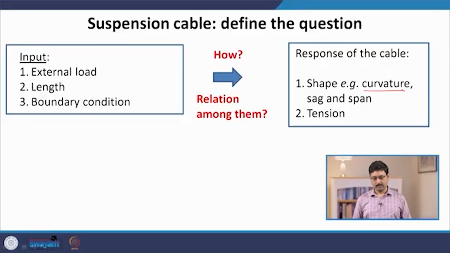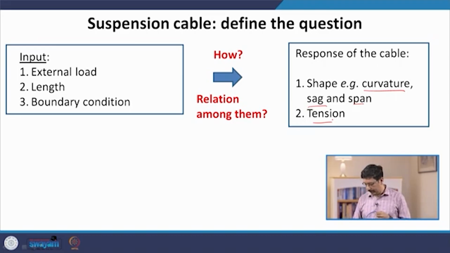That means, for example, what will be the curvature, since the local curvature determines the shape of the rope, and we will also discuss something called sag and span. The other practical question that may be interesting, especially from an engineering point of view, is what is the tension in the rope.